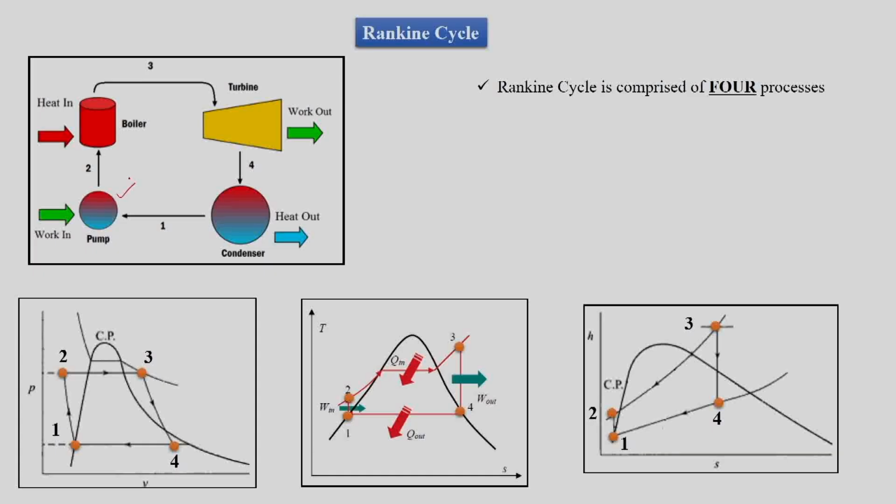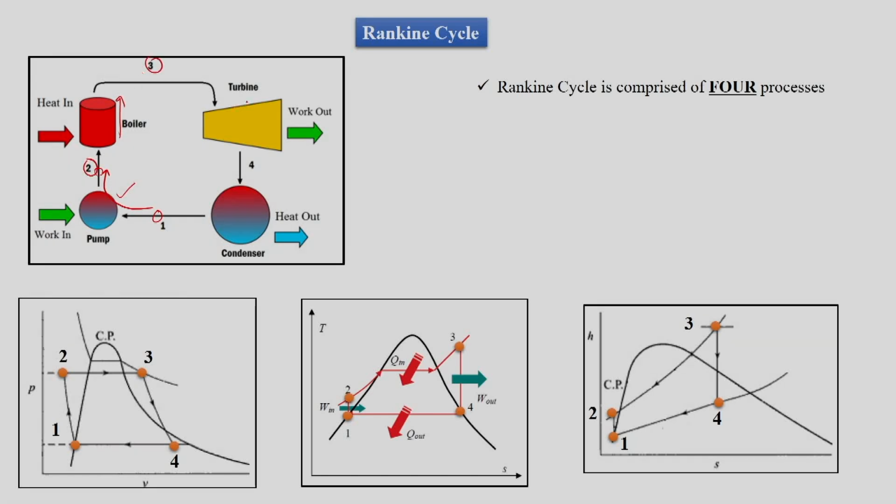We have seen in the last class that a steam power plant is comprised of four parts. First part is the pump, where steam would get pumped from low pressure to high pressure. This process is basically an isentropic process. Then steam would have heat addition in an isobaric sense in the boiler, in the process 2 to 3.